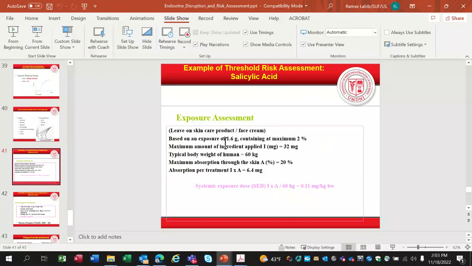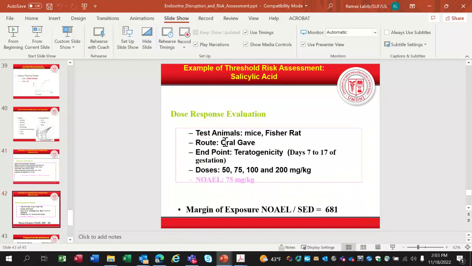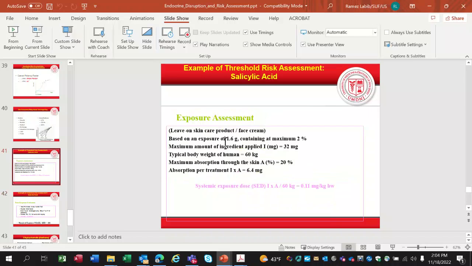Just want to put in perspective how you would perform a risk assessment on a chemical that has a threshold effect. So here I just did an exposure assessment. Here I derived the NOEL value, divided the NOEL by my systemic exposure that I got from the exposure assessment.